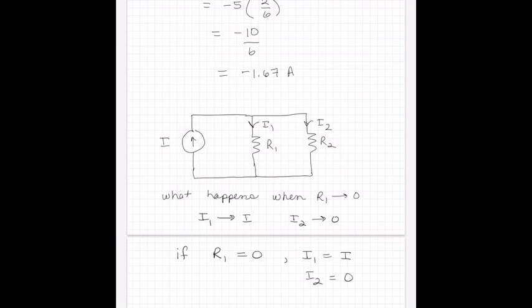Once one of those resistors goes to 0, all of the current is going to choose to flow through that short circuit. Because that's what it is, right? R1 will be a short circuit then. And so all of the current will want to go through that short circuit, and none of it will go through that resistor R2. Okay, so that's kind of a special case of a current divider. All right, now we're done.